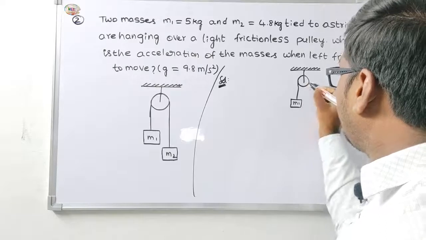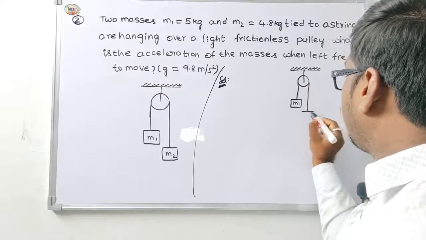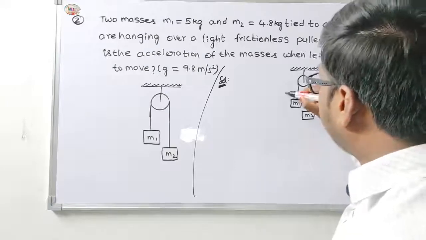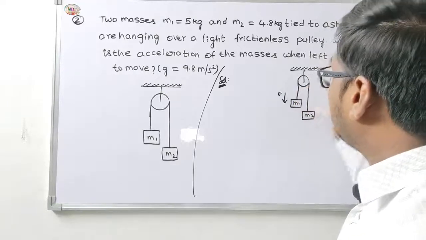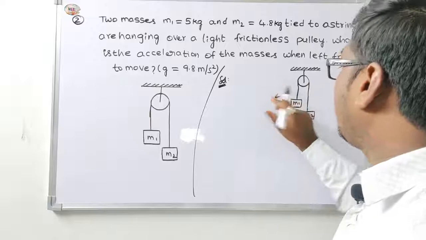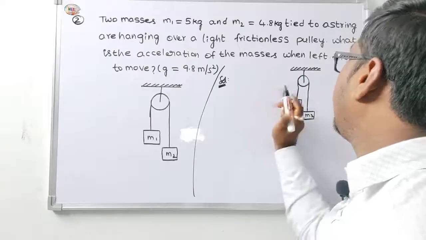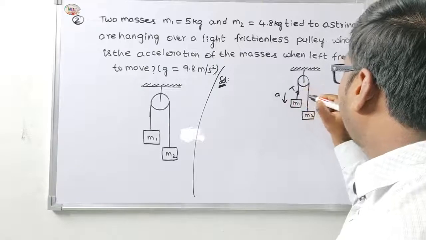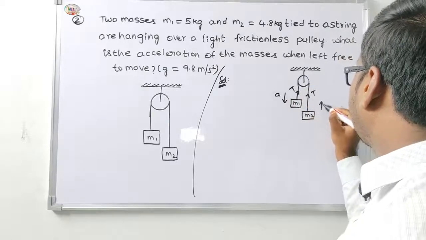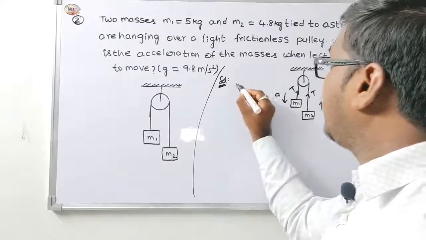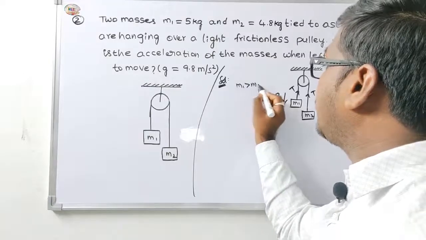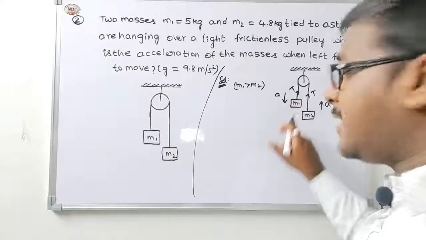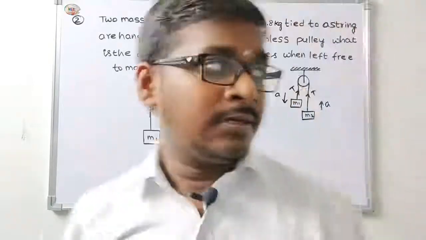This is M1, and this is M2. The acceleration is acting in the downward direction for M1, because M1 is greater than M2.